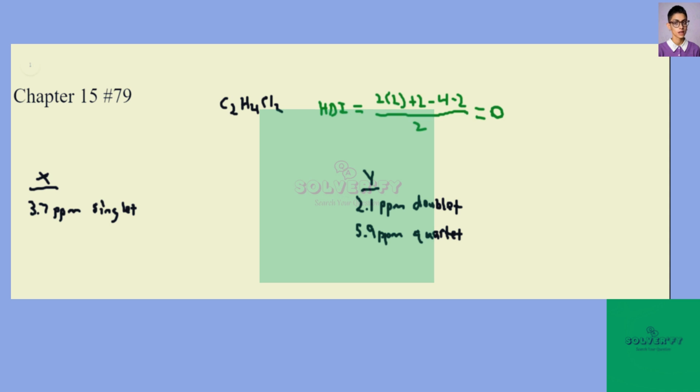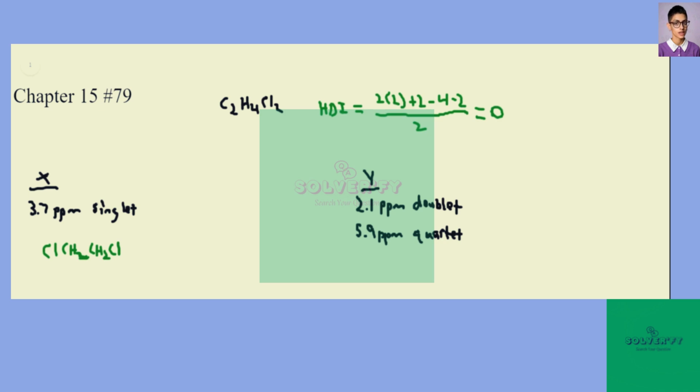That means the hydrogens in this molecule have to be equivalent, and the only way that can really be true is if this molecule has an axis of symmetry right through the middle. So it's going to look like this, one chlorine on each of the carbons. That's why we only get a single signal, a singlet, because all of the hydrogens in this molecule are equivalent.